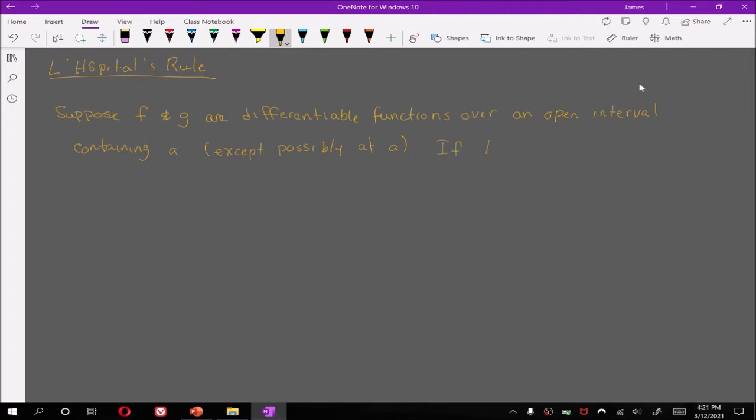Now, if the limit as x approaches a of f of x is equal to 0, and the limit as x approaches a of g of x is also equal to 0, then the limit as x approaches a of f of x over g of x is equal to the limit as x approaches a of f prime of x over g prime of x.